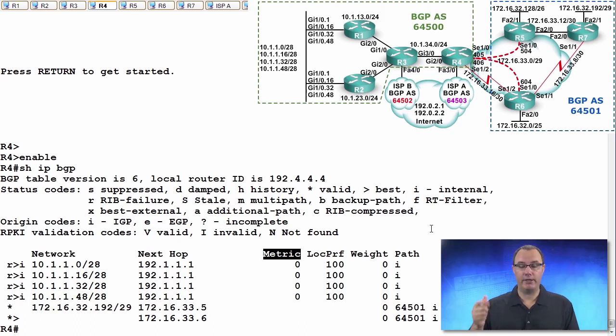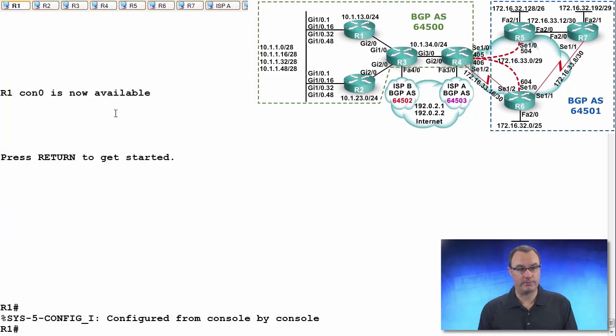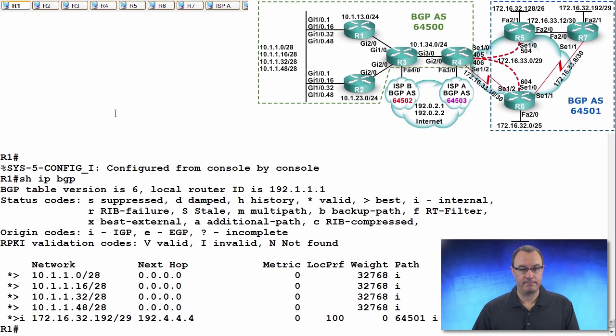So we love oranges. Now, that's when the first O is for locally originated, and R1 is locally originating a route. So let me show you that. Show ip bgp. That's a route that is originated by the local router. So we love oranges and that is the autonomous system path list.